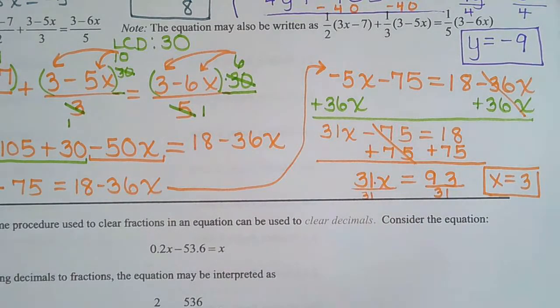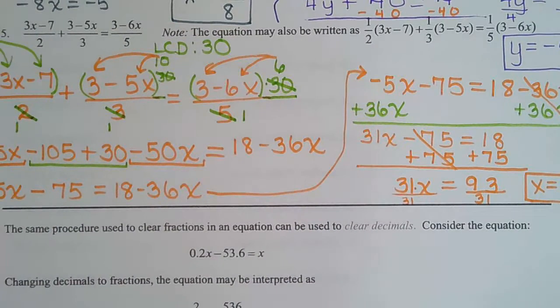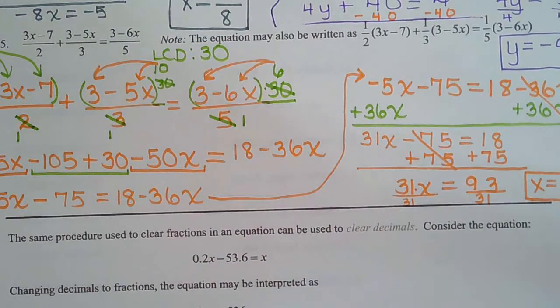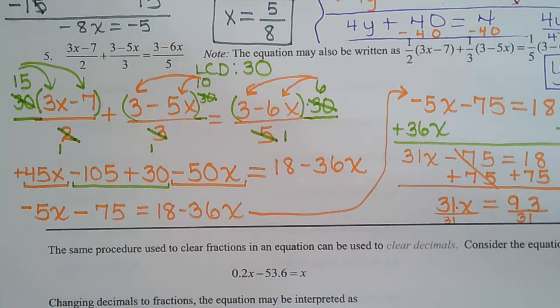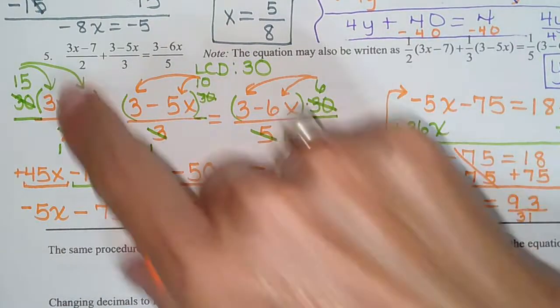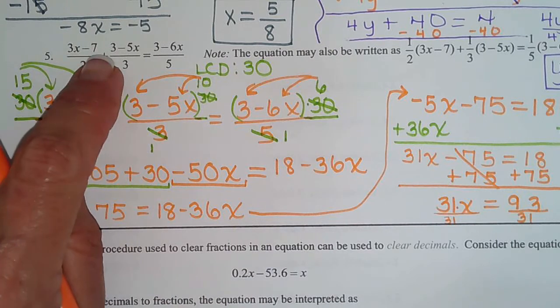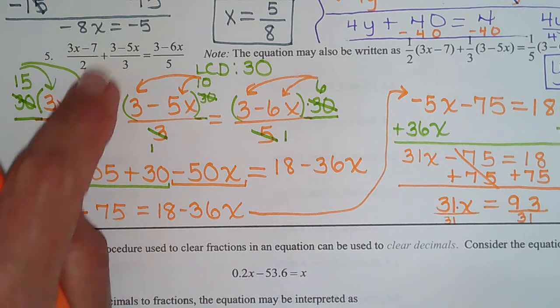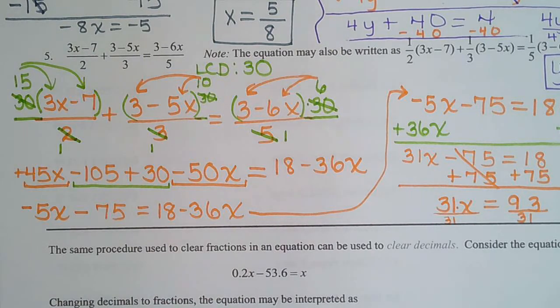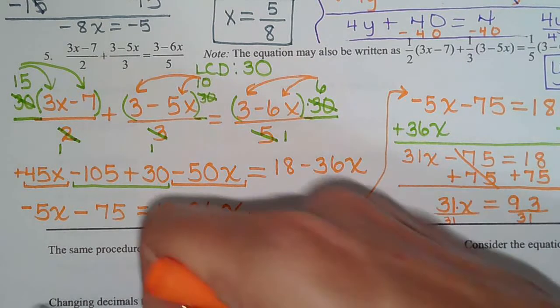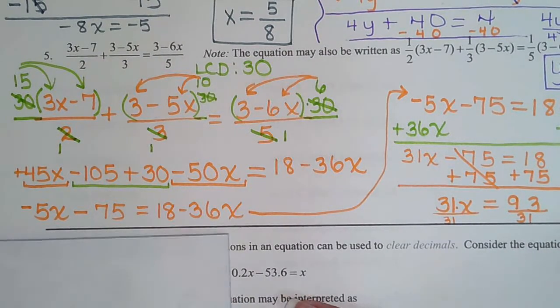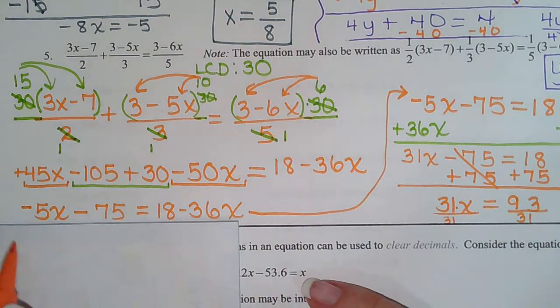So that one worked out nice, huh? And if we wanted to check something ugly like that, you would just plug it in and do each fraction separately. So if you plugged 3 in here, you get 9 minus 7 is 2 over 2. If I were writing it down, I'd go, oh, okay, 2 over 2 is 1, right?